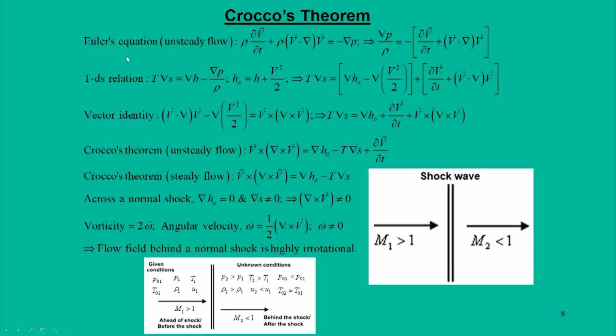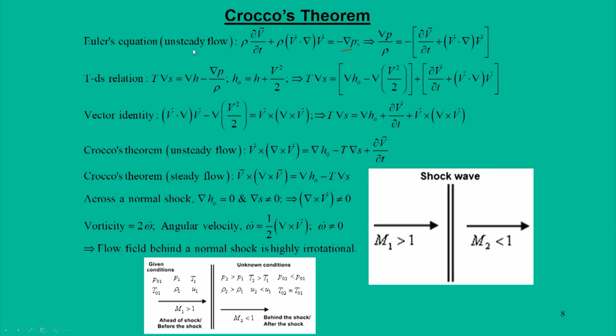So, let me start with the equations, that is the Euler equation. When it is written for unsteady flow, we can write rho times the partial derivative of the velocity vector with respect to t, plus rho times V vector dot gradient of V vector, equal to minus gradient of p. These equations can be simplified in terms of the gradient of p by rho and the velocity vector.